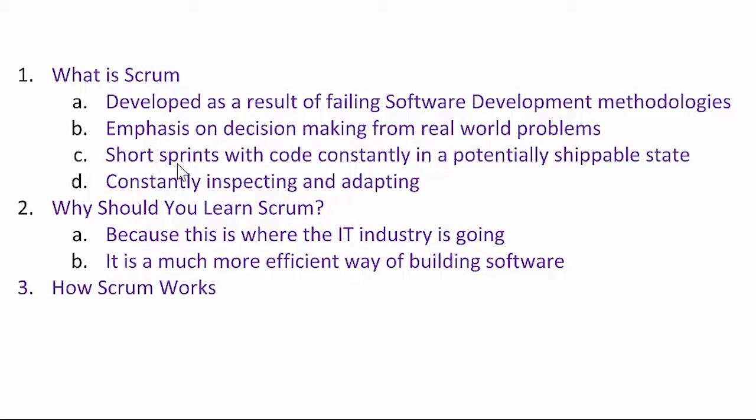First, because the client who may have ordered the product did not realize what they were ordering, right? When they were ordering, they had one vision of what the product is, and when the product came out, it was completely different. Another reason that this was a failing methodology was because a year of time in IT is a huge amount of time, right? In 1 year, so much can change.